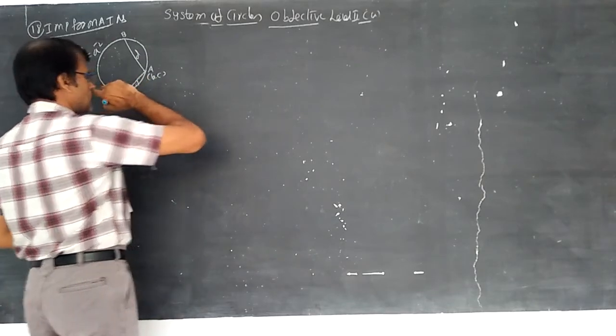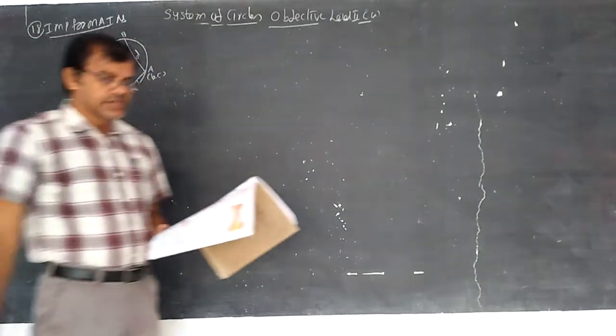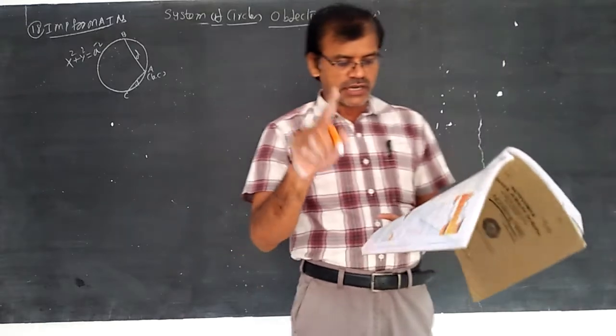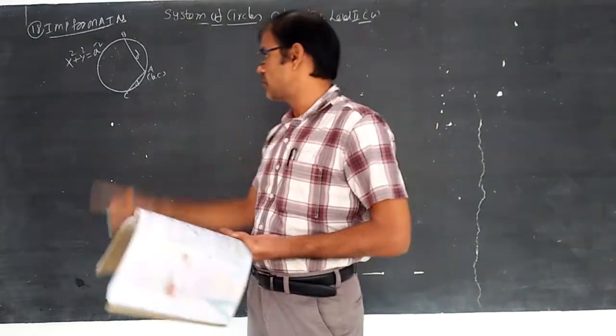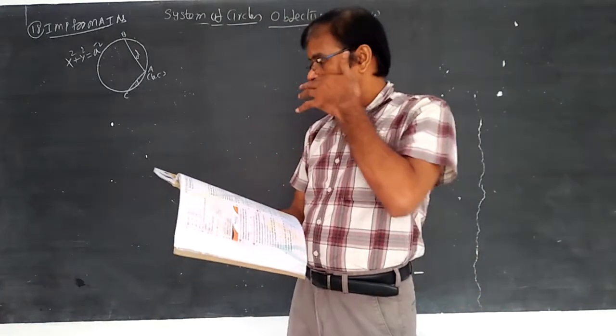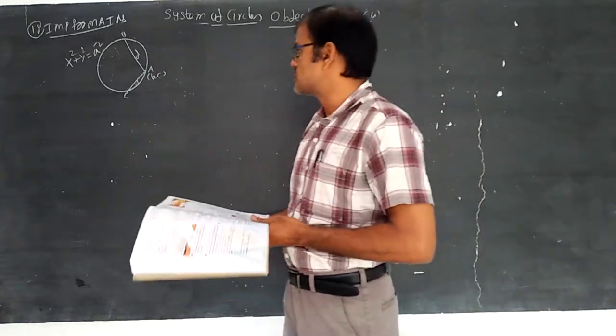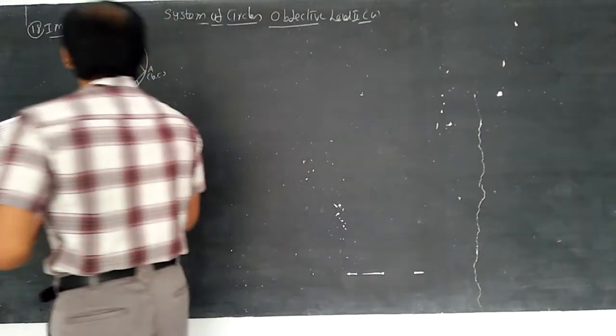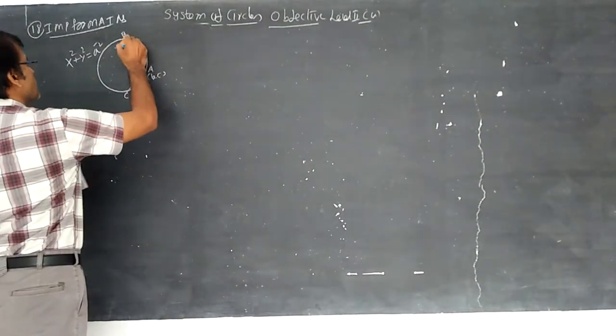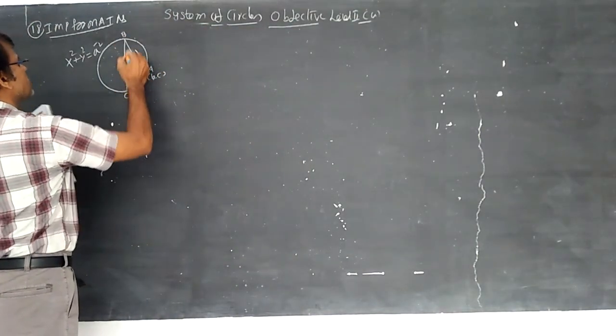So what is happening? It is maintaining the equidistance from a fixed point, that is, from a constant point to a fixed point on the circle. So it is nothing but the radius of another circle. What is the other circle? It has center B comma C. Now you should calculate the equation of BC.